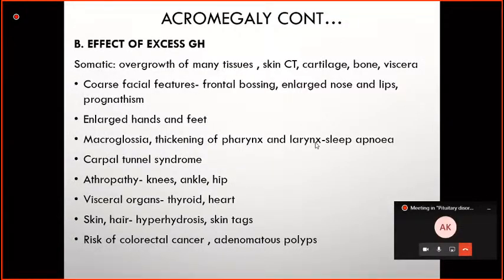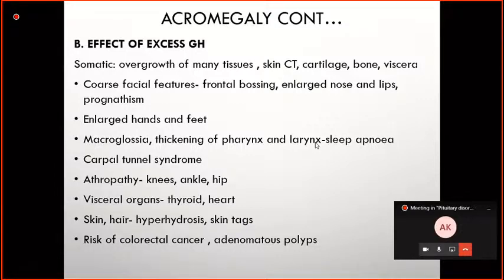Other signs and symptoms are the effect of excess growth hormone itself, which causes increase in tissue size and increase in bone size. So the patient comes with coarse facial features, described as frontal bossing of the forehead, large nose, lips, and large hands and feet.